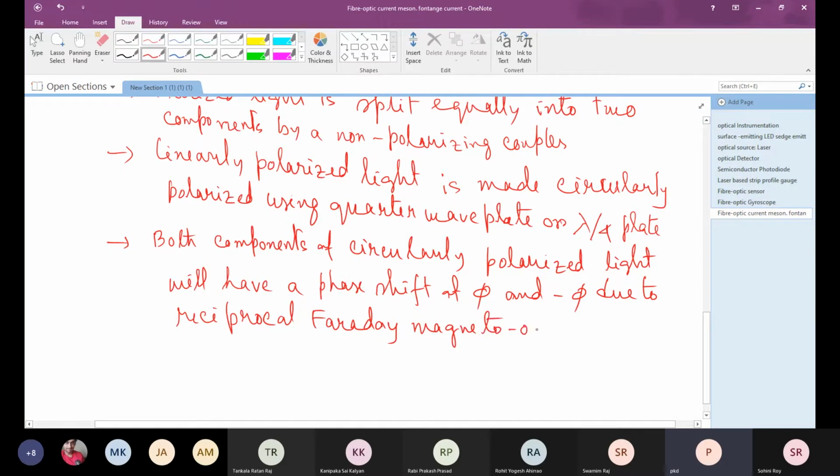Incidentally, this was also discovered by Faraday.